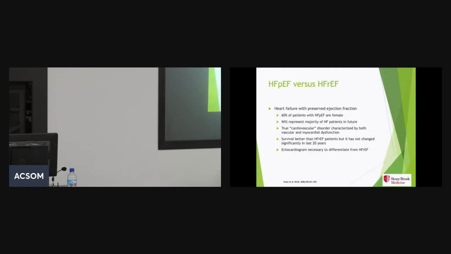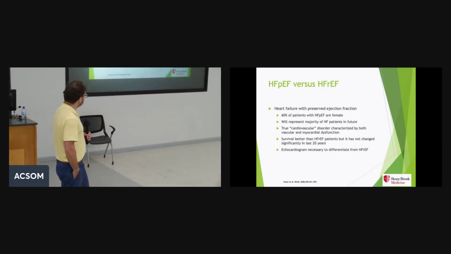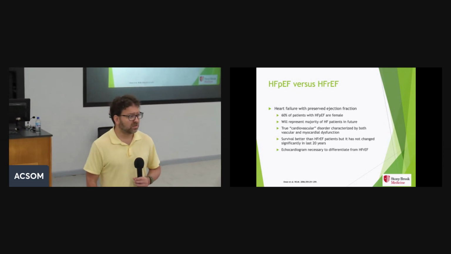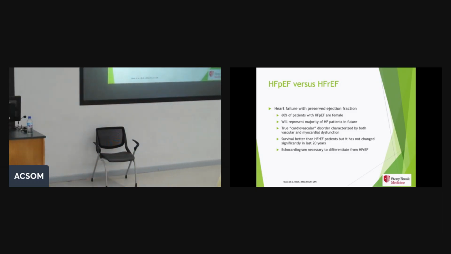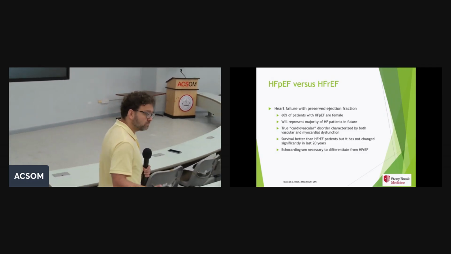So age, prior myocardial infarction, chronic hypertension, all of these things can cause heart failure with preserved ejection fraction. This represents the majority of heart failure patients. In my practice, when I get sonograms on my patients, they're 70, 75, they have diastolic dysfunction, a less compliant ventricle. It's just a sequela of aging.